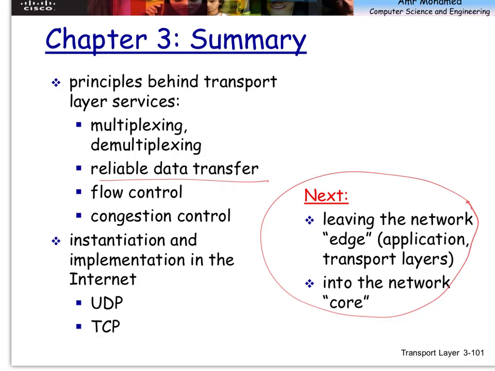It's a philosophy. Why do we need to do this? What I mean is, we try to push the functionality as much as we can towards the edge.